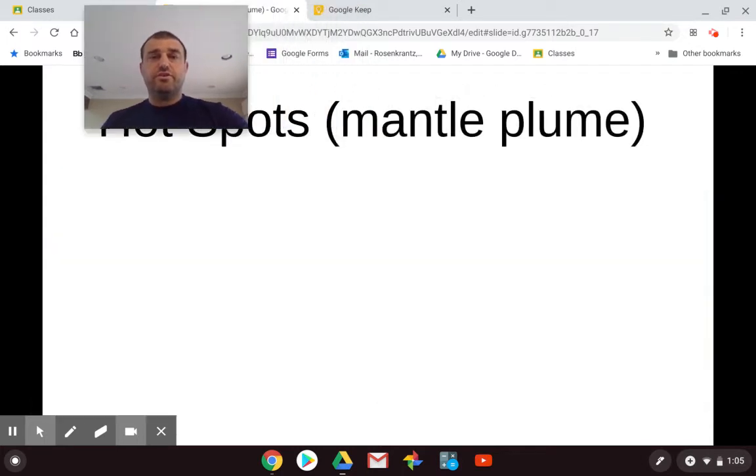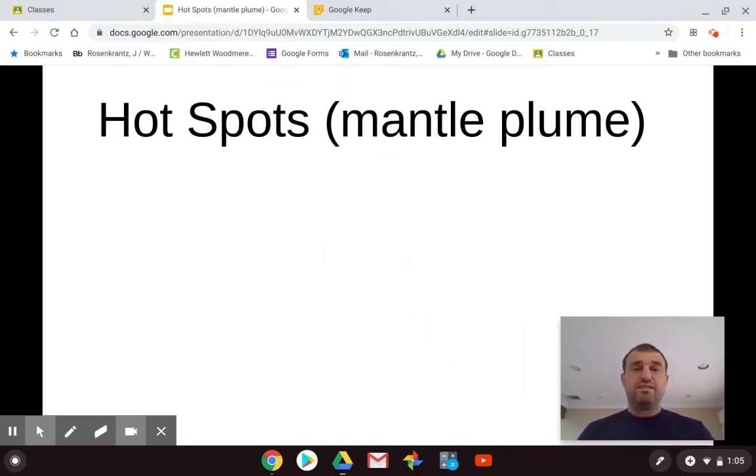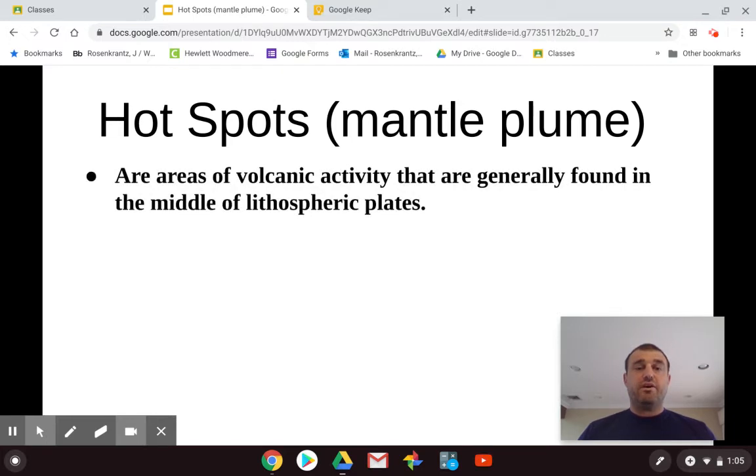Okay, so now these are your notes. So this is what's blank for you guys. So hotspots, which are also known as a mantle plume, are areas of volcanic activity that are generally, okay, not always, but generally found in the middle of lithospheric plates. The two famous hotspots in the United States fit this definition perfectly.